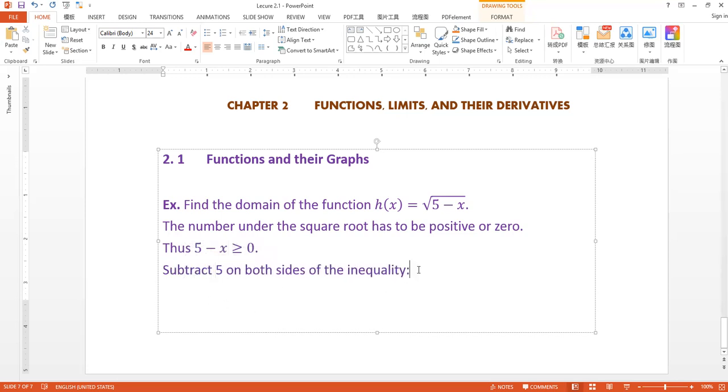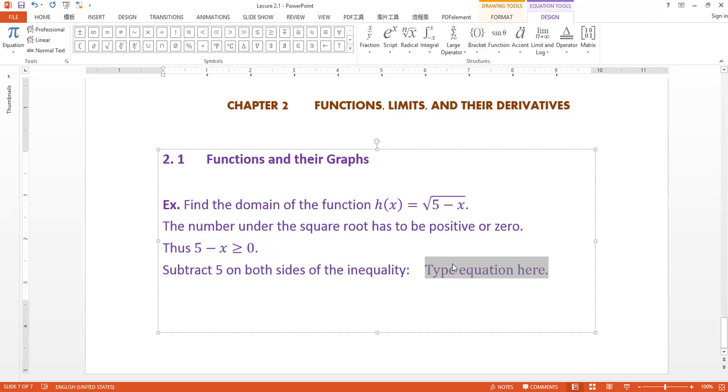So we subtract 5 on both sides of the inequality, then what do we have? So on the left hand side, we get 5 minus x minus 5, and on the right side, we got 0 minus 5, all right?